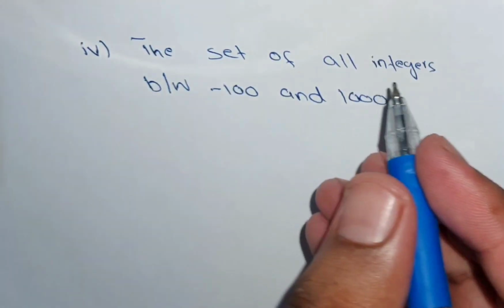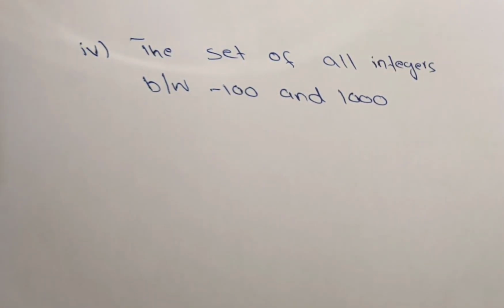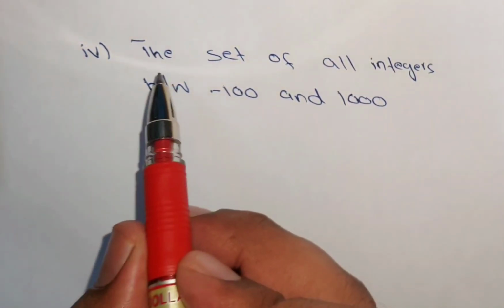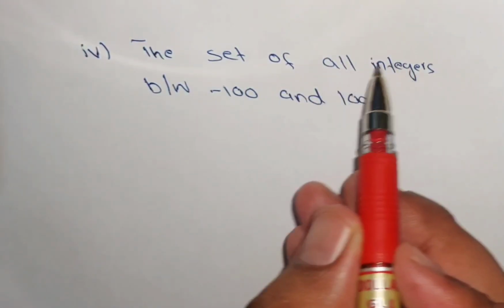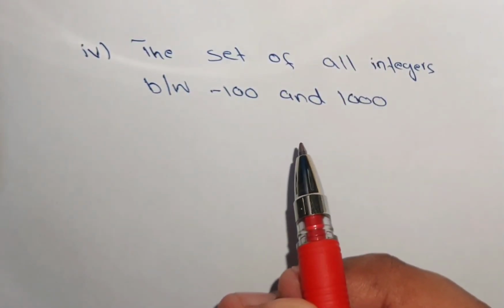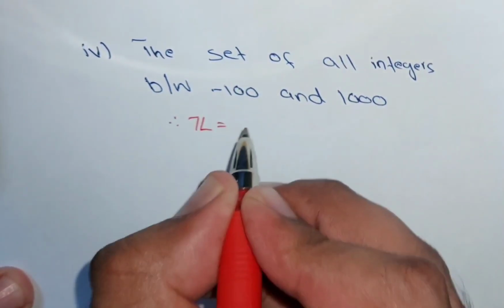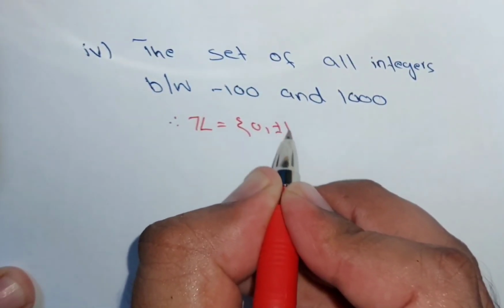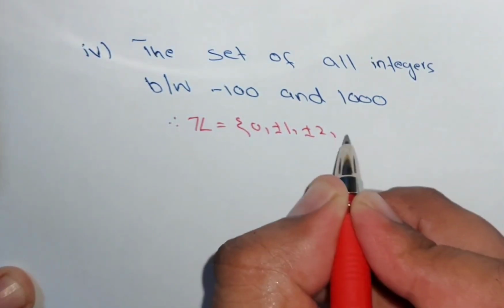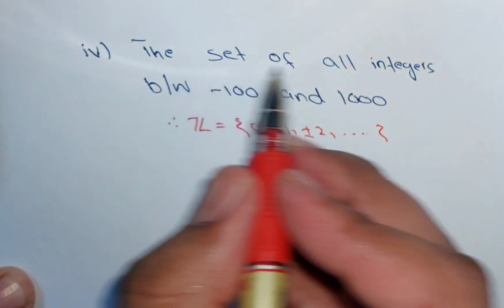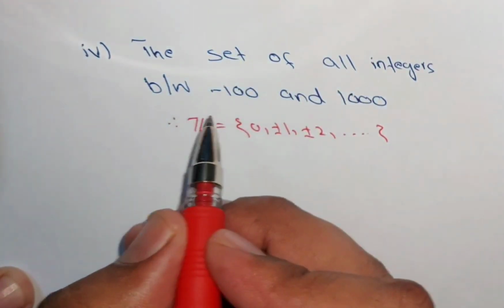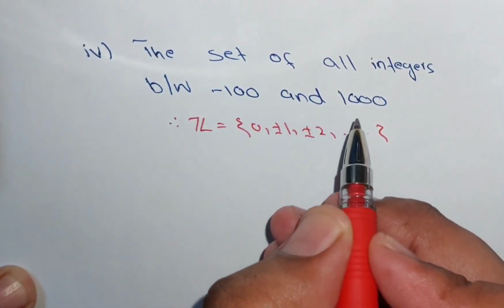First of all, figure out what the sequence is. We already know that this is the set of integers, and the set of integers is 0, plus and minus 1, plus and minus 2, plus and minus 3, and so on. It's already known, and then it's between minus 100 and 1000.